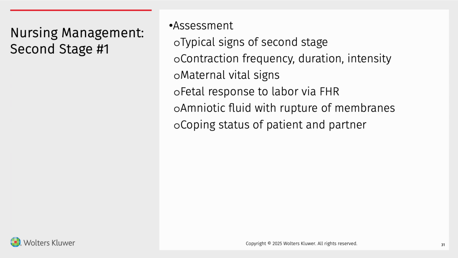This slide focuses on the assessment of the second stage of labor, when the patient is actively pushing and delivering. So first, observe for typical signs of the second stage, such as increased contraction intensity and frequency, the patient's urge to push, and visible fetal descent.